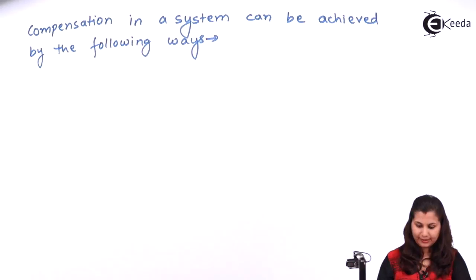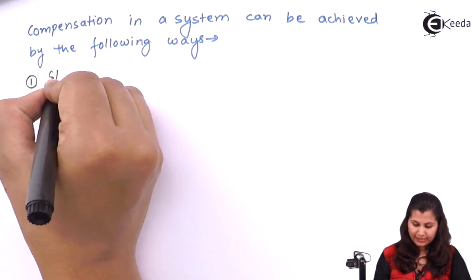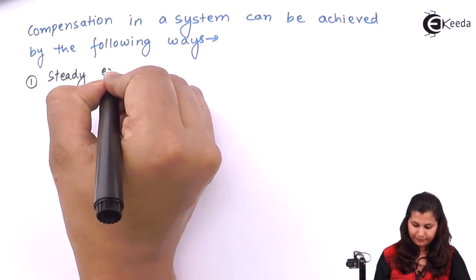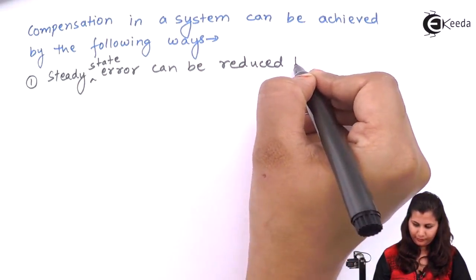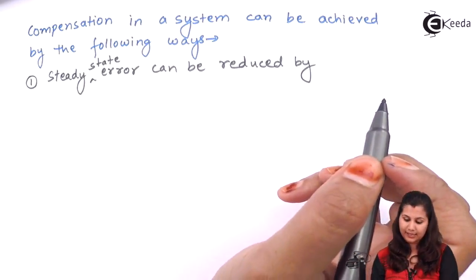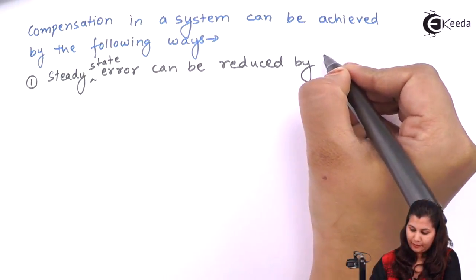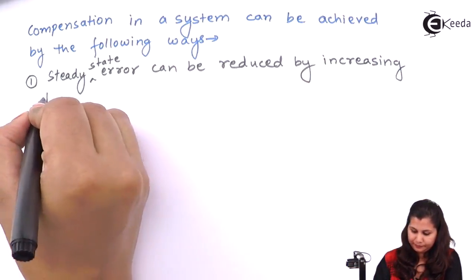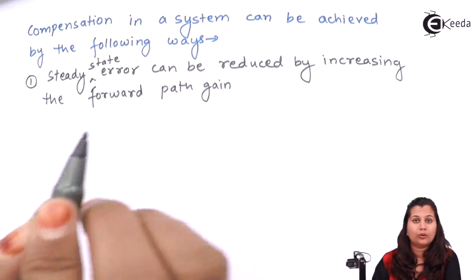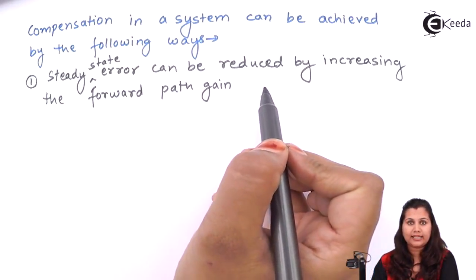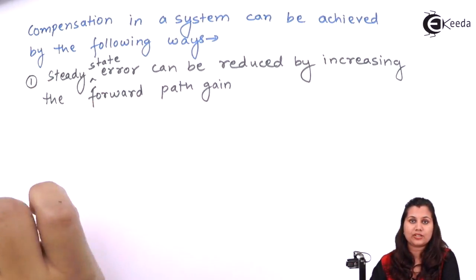The first way is by reducing the steady state error. How can we reduce this steady state error? It can be reduced by increasing the forward path gain, and thus we can introduce compensation in a system.